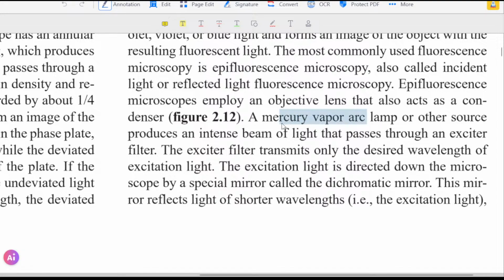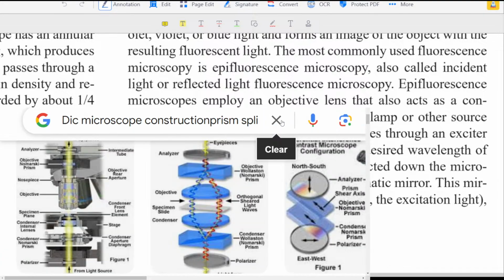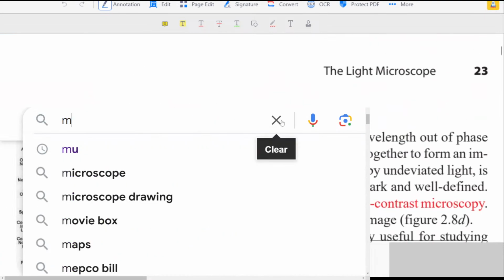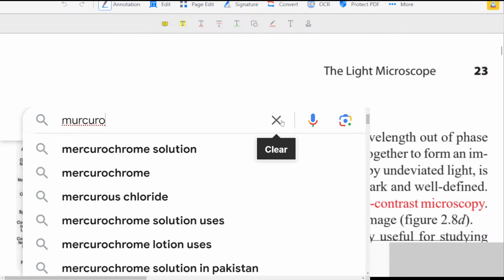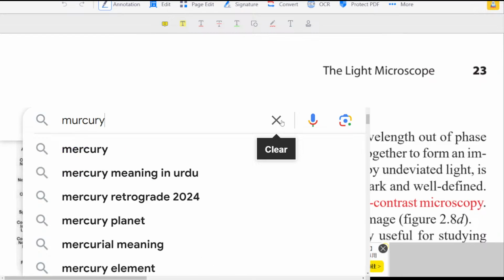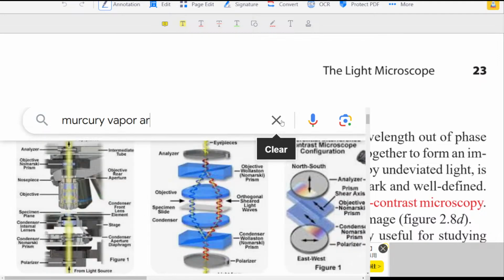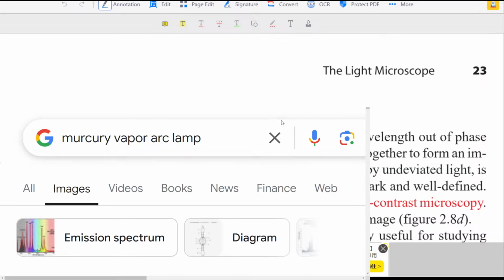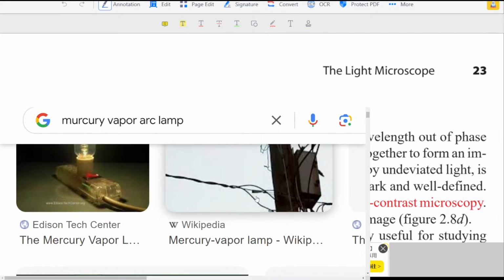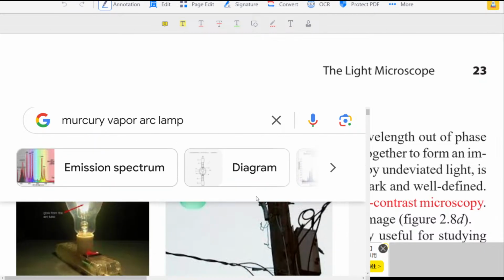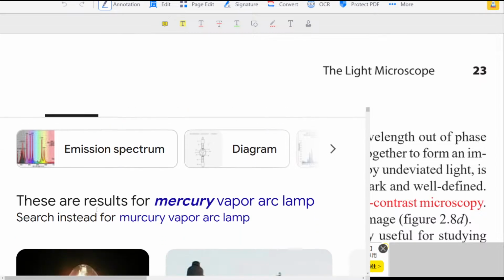Why do we use a mercury vapor arc lamp? What is this thing? Sorry for my spellings. Oh, so there are mercury vapors in there instead of some kind of gas.